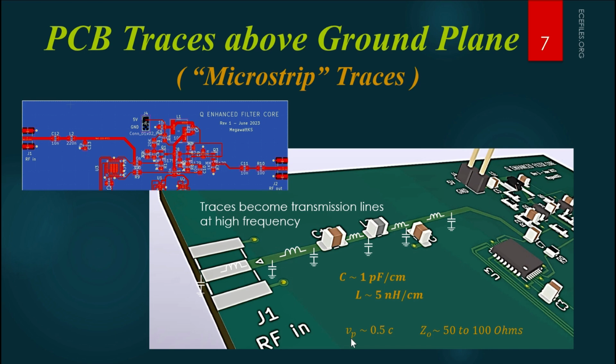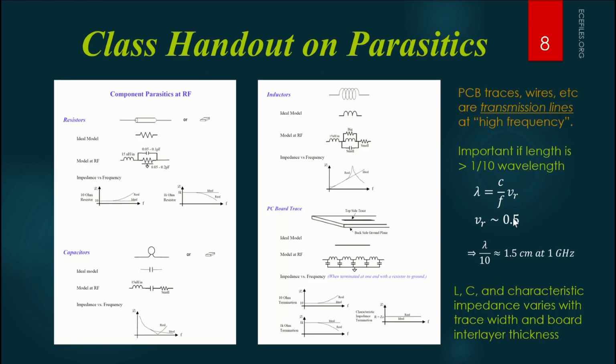And in this slide I said Vp is 0.5 times c. That means that the relative velocity of propagation here is 0.5. All right, anyway, I crunched this, and it turns out that at 1 gigahertz, I have for lambda over 10 about 1.5 centimeters, a little more than half an inch.